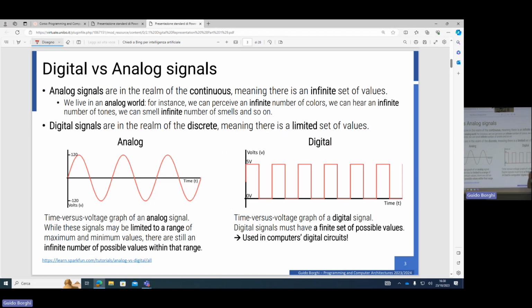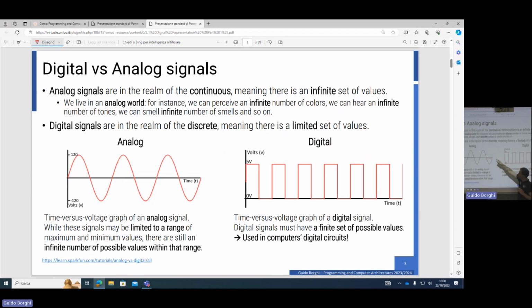While digital signals are in the realm of the discrete. So there is only a limited set of values for these digital signals. A graphical example of the difference between analog and digital signals is reported here. On your left, you can see a time versus voltage graph. On the X, we have the time. On the Y, we have the volts, the voltage, but it's not important for us.